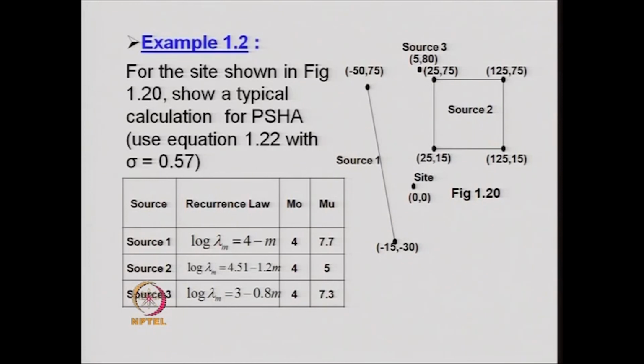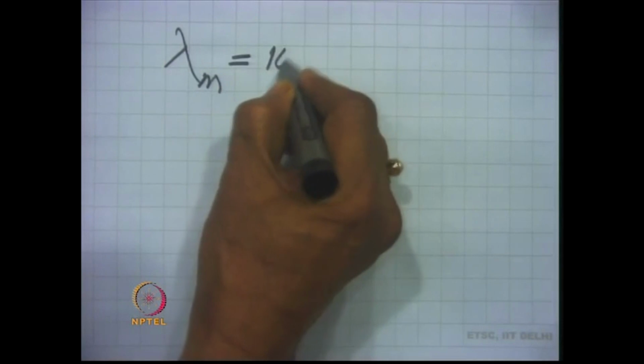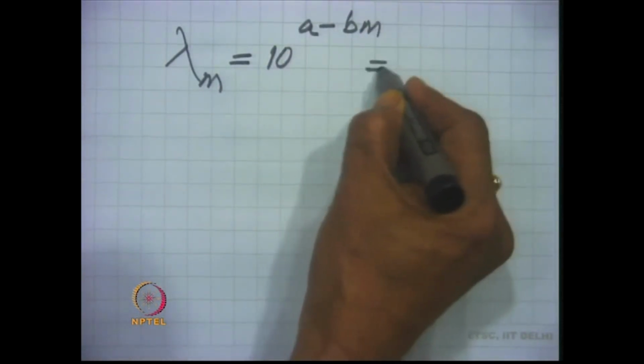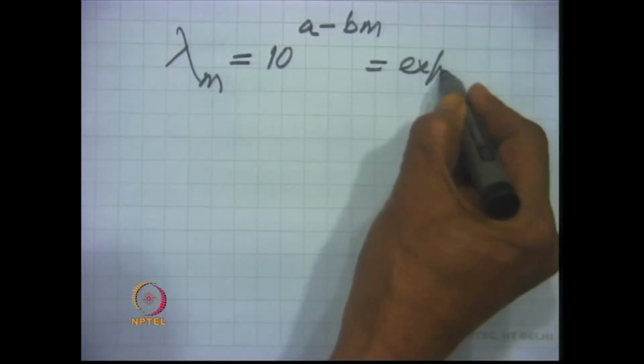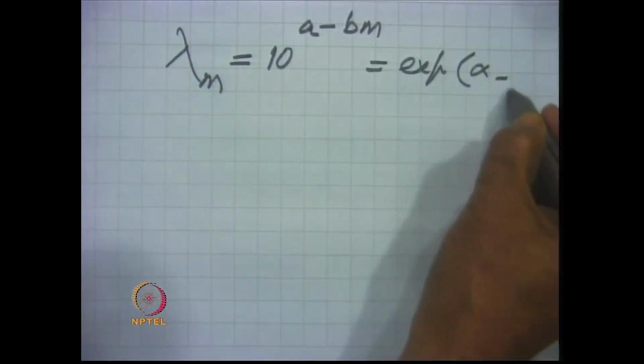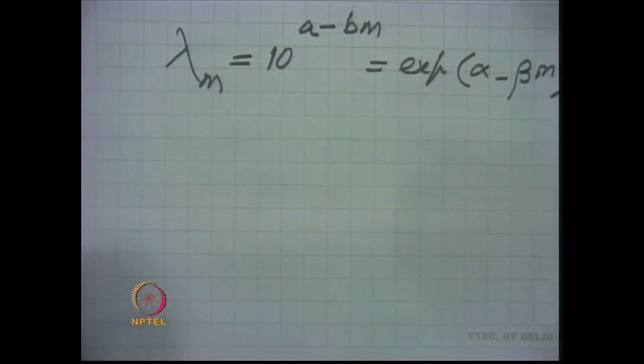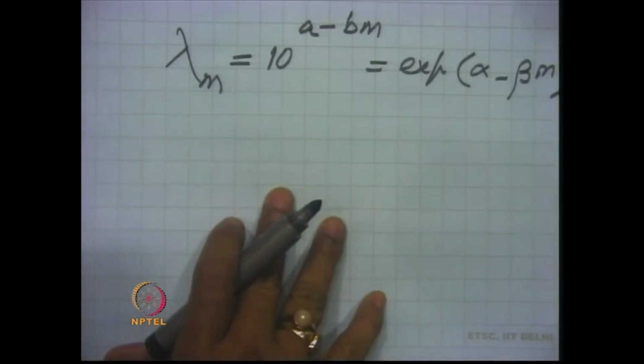The average rate of exceedance of earthquakes of a certain magnitude is given by the Gutenberg relationship, and this is lambda m is equal to 10 to the power a minus bm, which is equal to exponential of alpha minus beta m, where m is the magnitude of earthquake which is being exceeded.